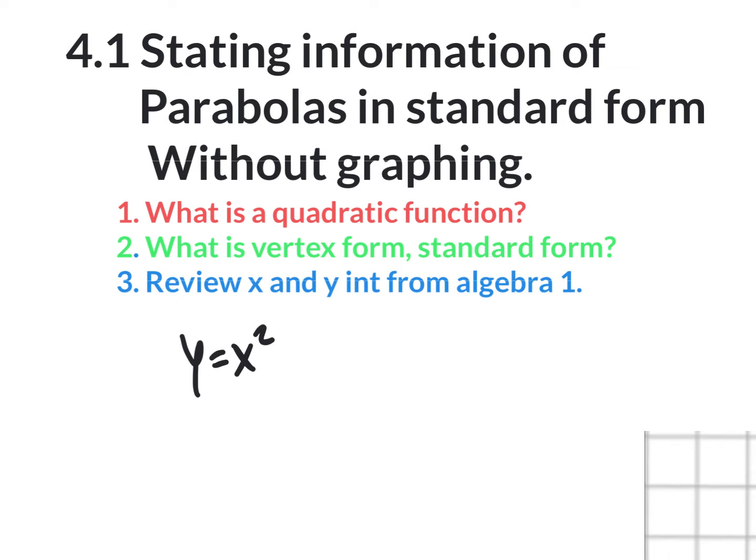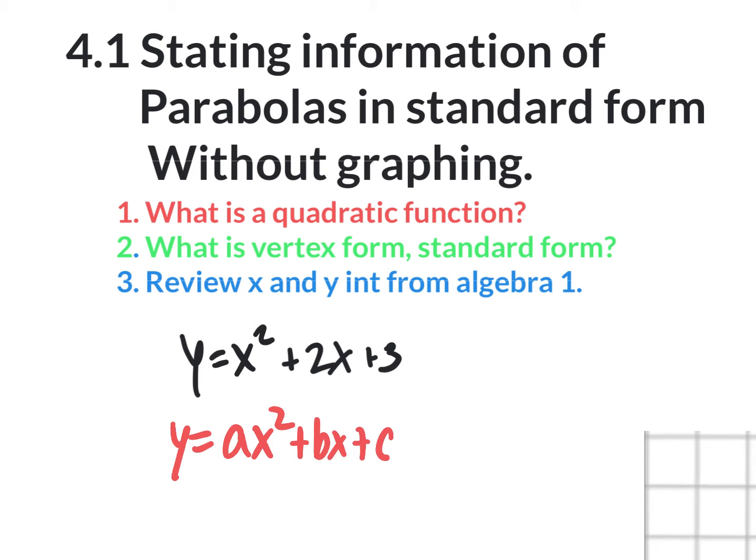And it doesn't matter if you have a single x squared or if you have maybe like x squared plus 2x plus 3, that's also a quadratic function. As a matter of fact, this quadratic trinomial is in standard form. What is standard form? Where you have y equals ax squared plus bx plus c.